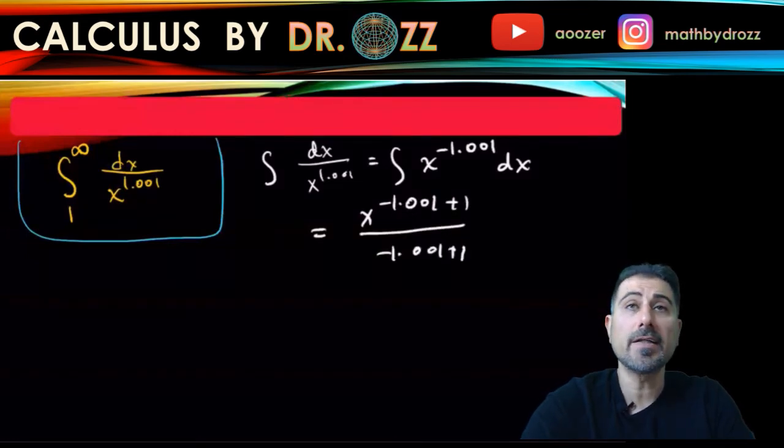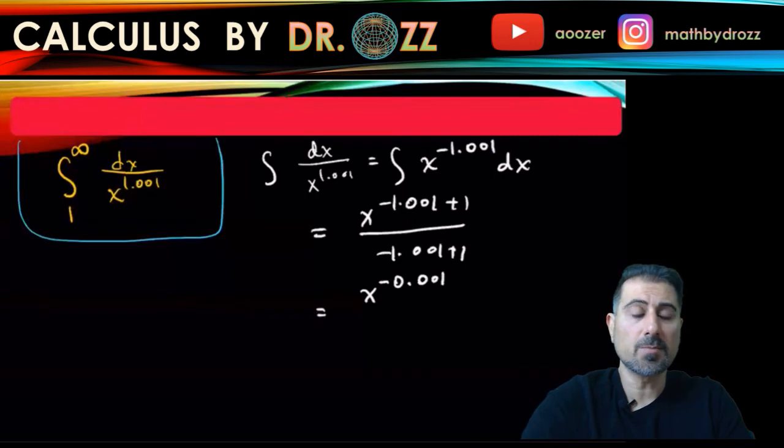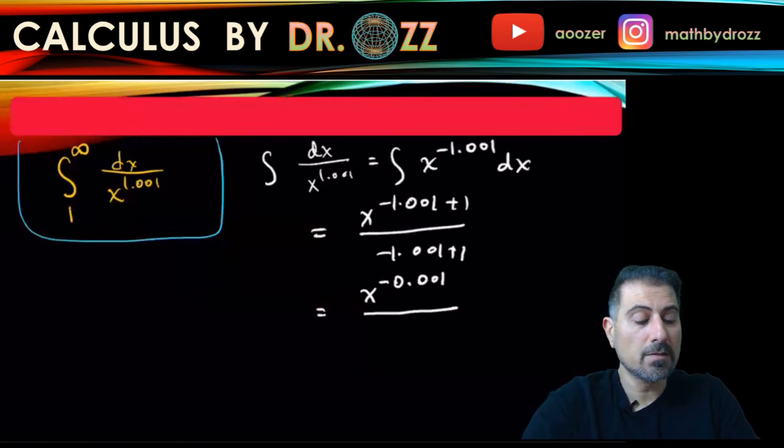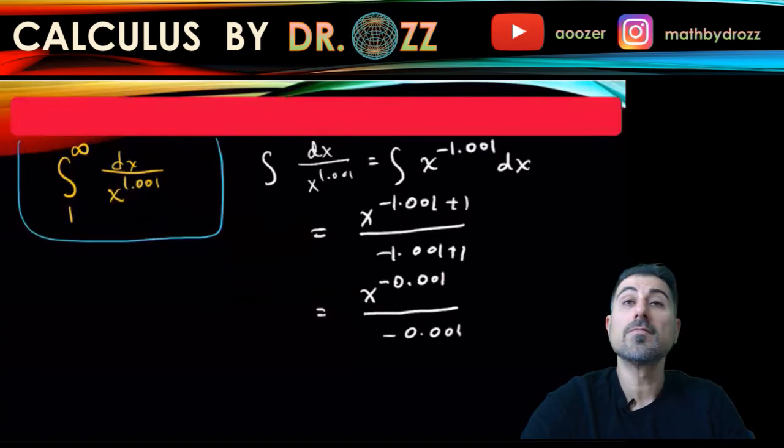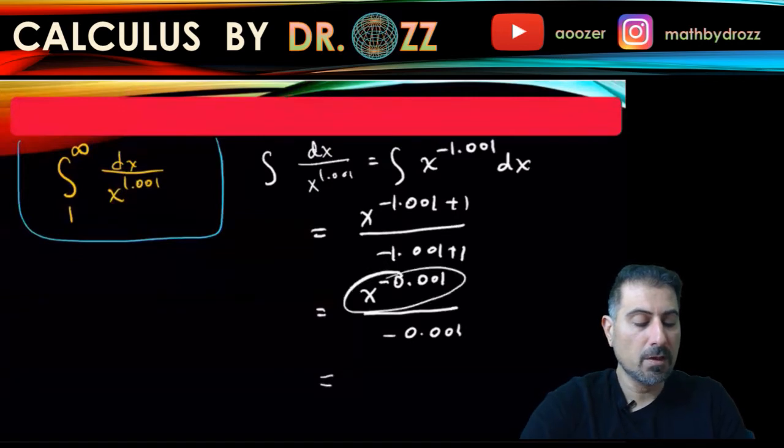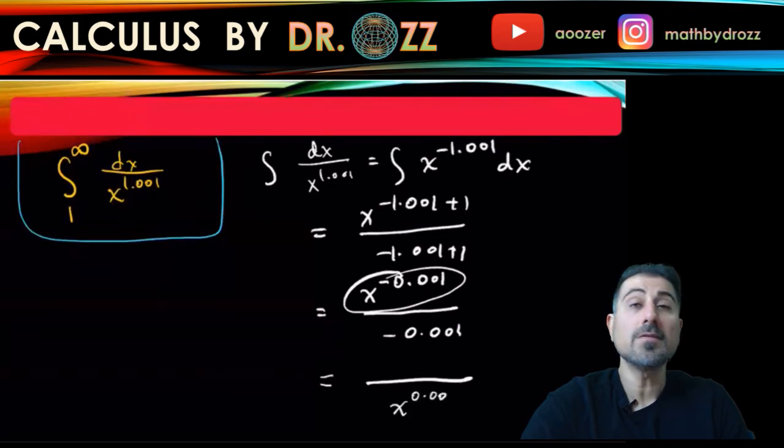Let's simplify this. That is x to the minus 0.001. I'm not using any decimals at this point, I'm trying to get the exact expression of this. So minus 0.001, and that is me writing this as a reciprocal, so x to the power of 0.001 in the denominator.